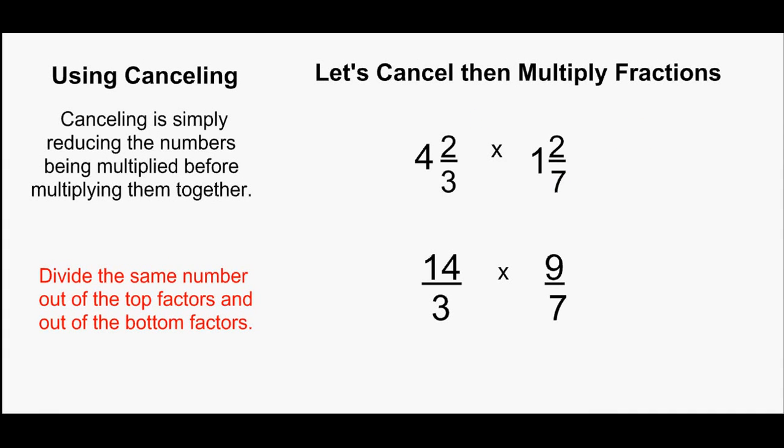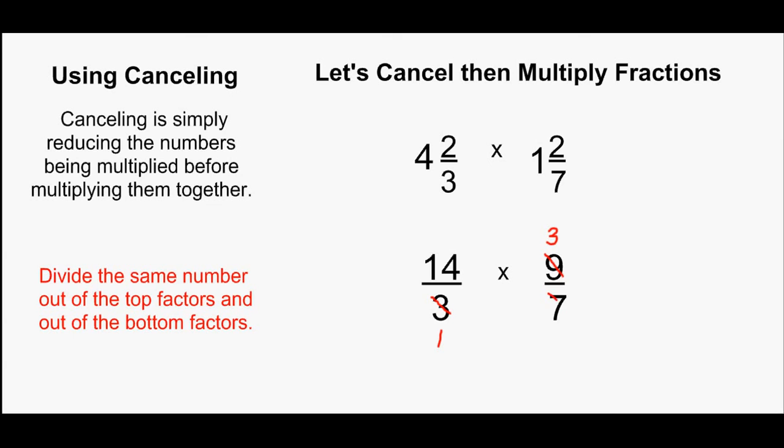Remember, you can even multiply a mixed number times a mixed number as long as you change each into an improper fraction. Once you've changed your mixed numbers to improper fractions, you may use canceling. I can divide 3 by 3 and get 1 on the bottom, and divide 9 by 3 and get 3 on the top.